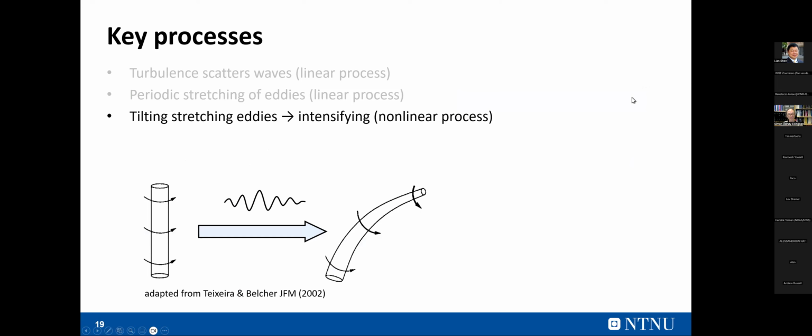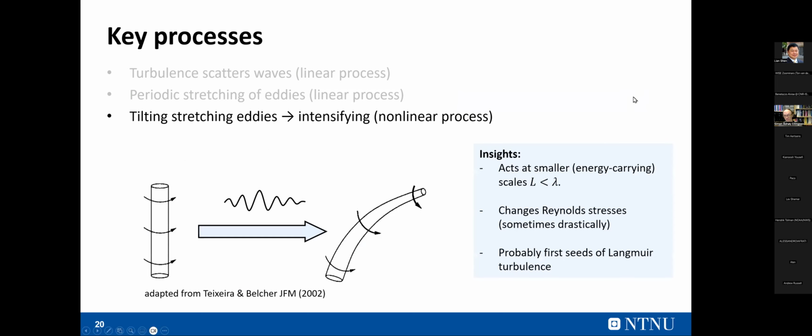in this context is the second order nonlinear process, where the Stokes drift grabs hold of eddies, tilting them streamwise and stretching them to intensify vorticity. So this is the key process behind what I'm going to talk about.